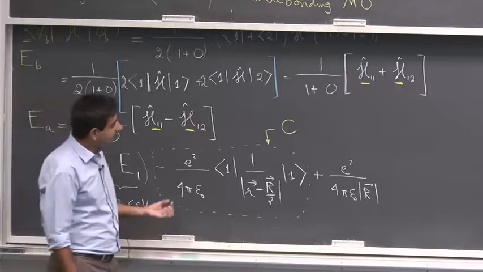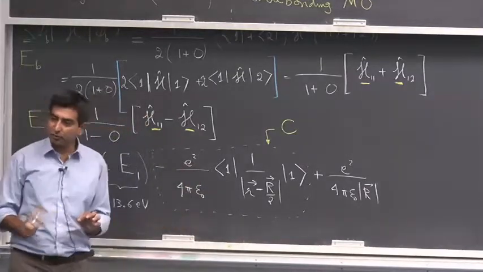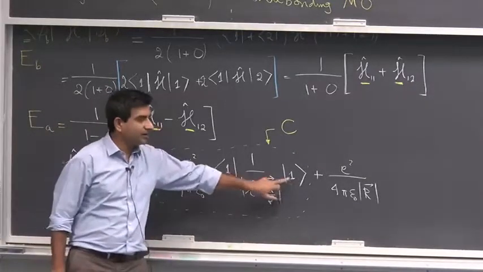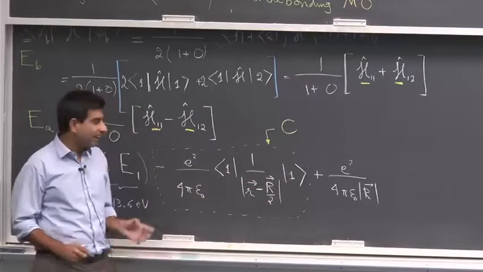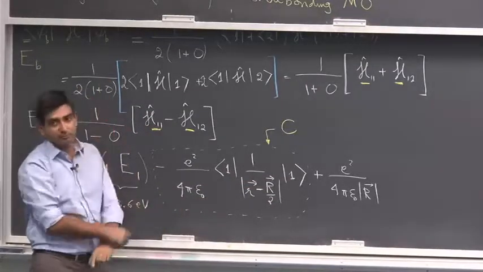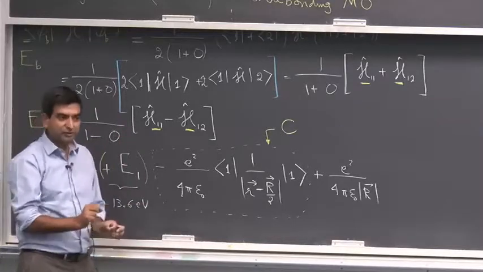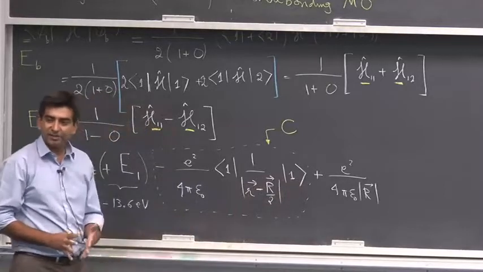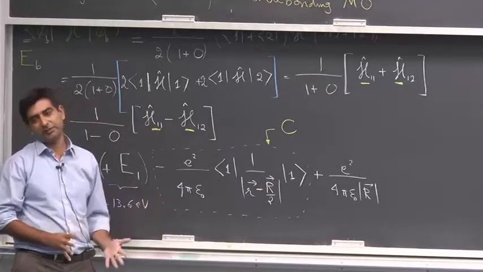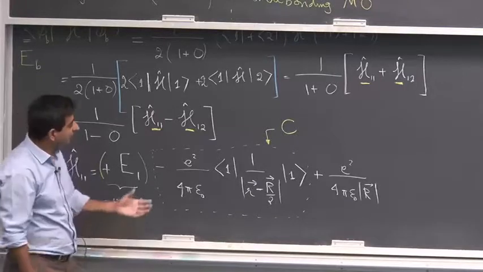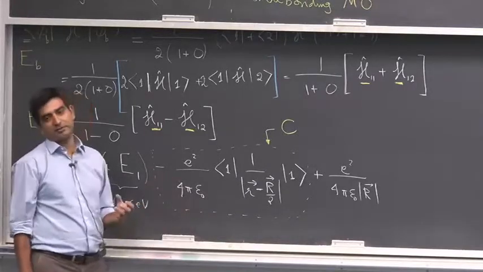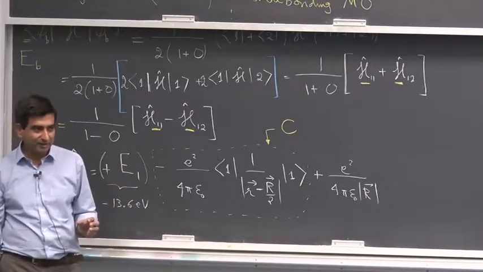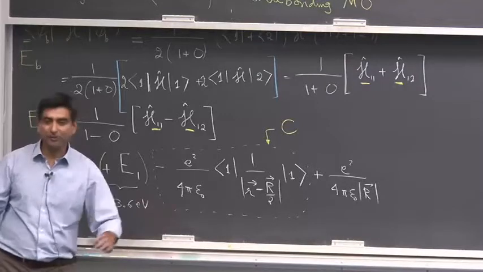It represents an electron close to nucleus 1, this is ket 1, but it is seeing an attraction by nucleus number 2, by nucleus B. That's why we have ket 1 over here, but it's being attracted to nucleus B. So this is the Coulombic attraction between an electron which is close to one nucleus and the attraction seen from the other nucleus.